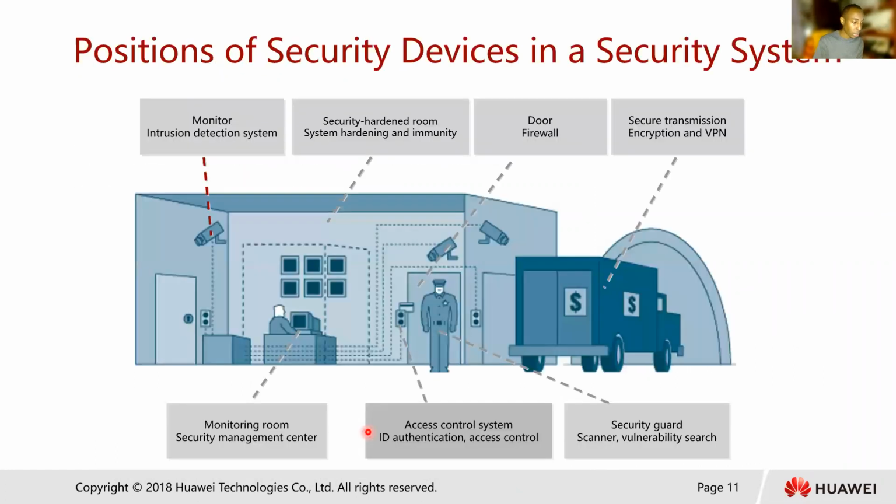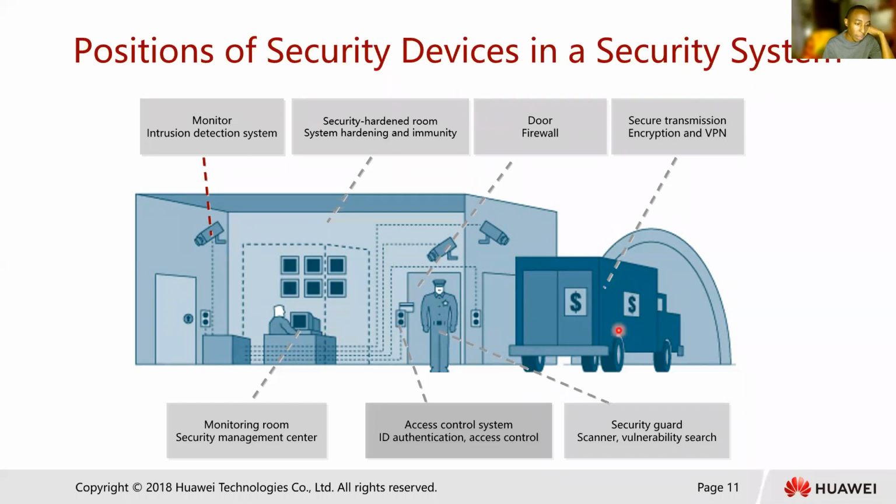So how do we prevent them? Let's look at this example. These are security devices in a security system. We have something like a monitor for intrusion detection, a security hardened room somewhere here. We have a door that can act like a firewall. We have secure transmission and encryption of a VPN, like the way money is transported.